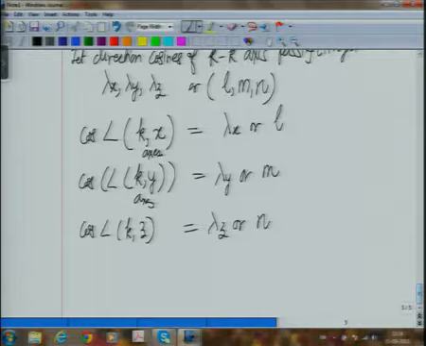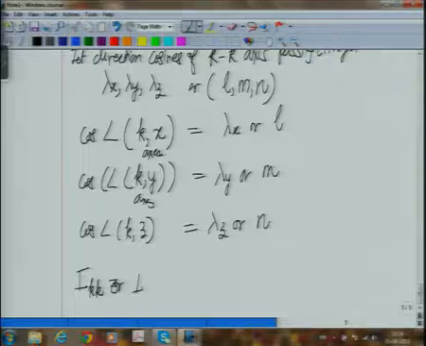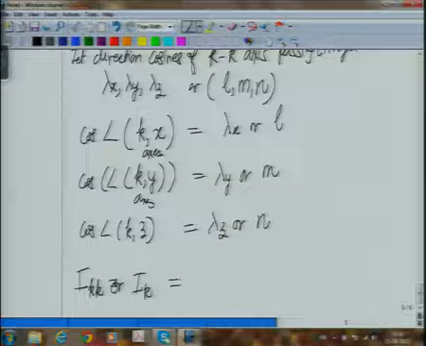Now, what I can show is what will be I about the K axis.